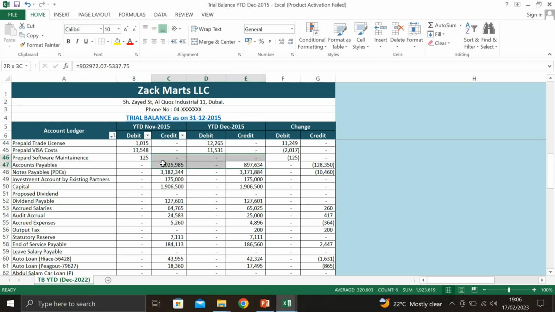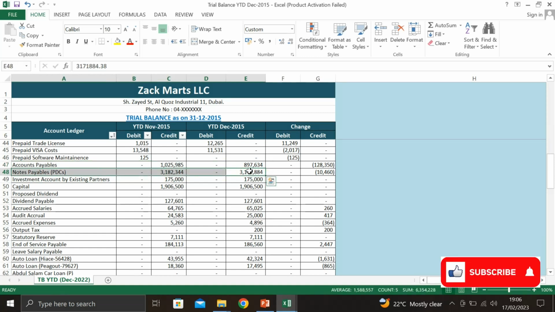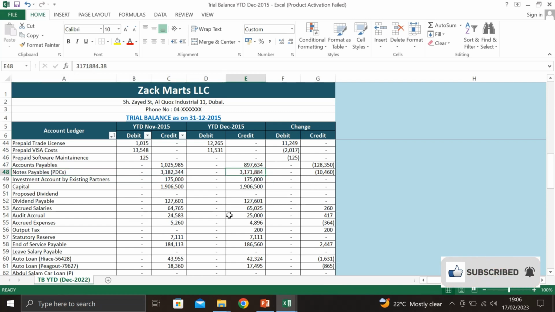So this is our supplier balance in the trial balance. Then PDCs issued to the suppliers in December 2015, this is 3.1 million. Then accrued expenses also we have here, accrued salaries and all accrued expenses.